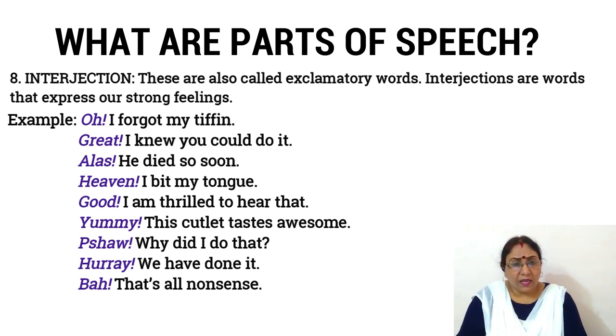Bah, that's all nonsense. So these kinds of words which we use in a sentence, and the speaking of which expresses the emotions which we want to convey, are known as interjections, or we also call them exclamatory words.